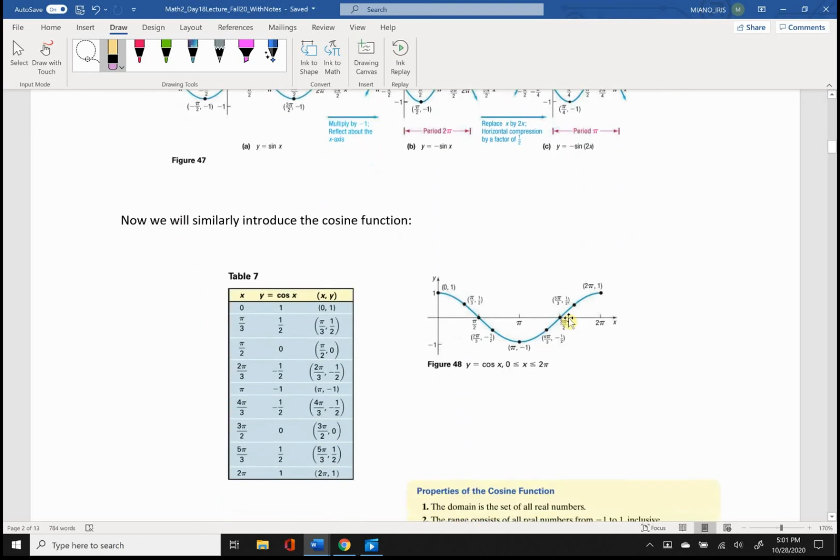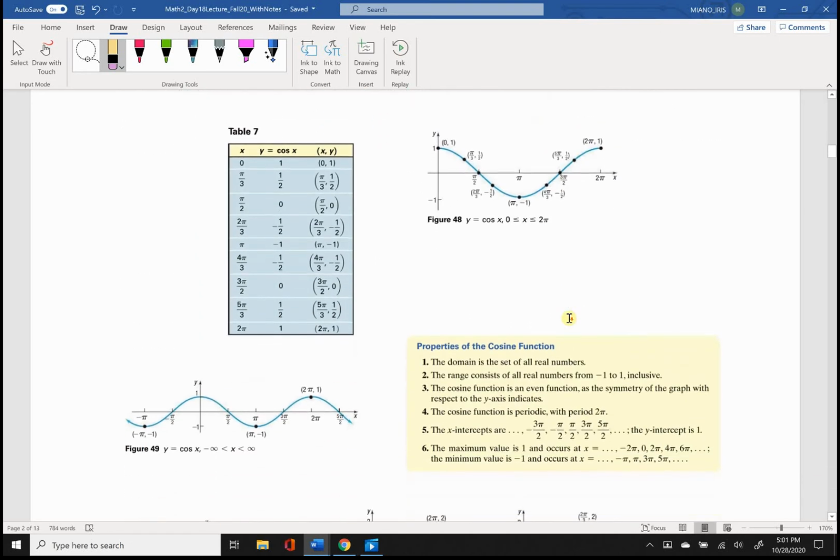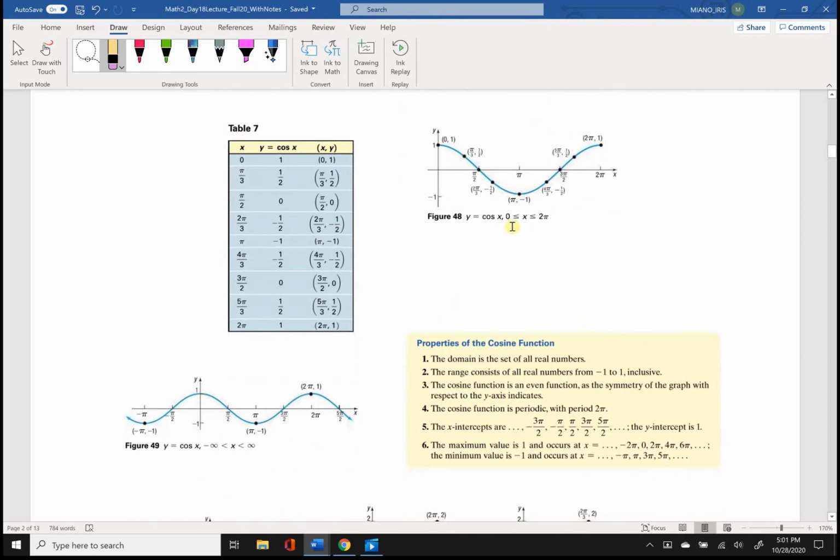Now, let's similarly define the cosine function. Let's limit our first look to the domain spanning 0 to 2 pi, so 1 full cycle. And notice that distinct from the sine function, we start up at a value of 1, and that's because the value when the radians are 0 in the cosine function, the output is a 1.